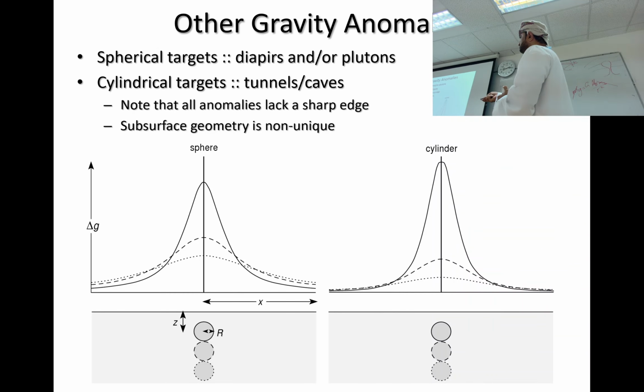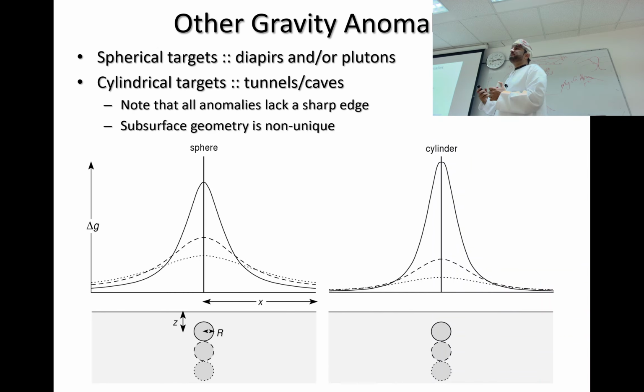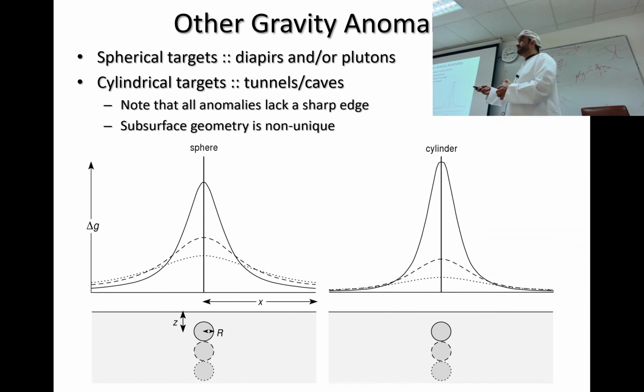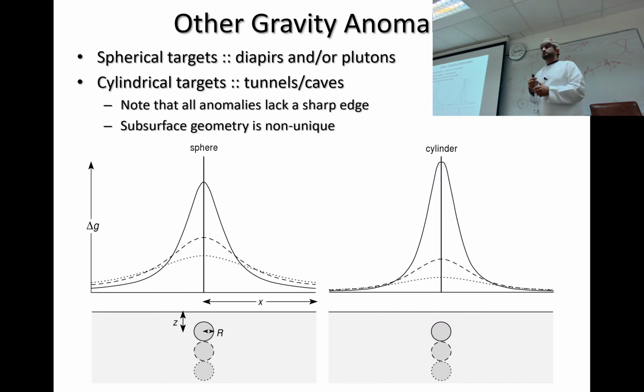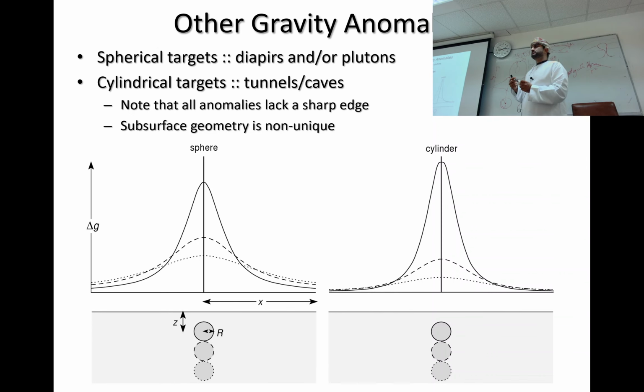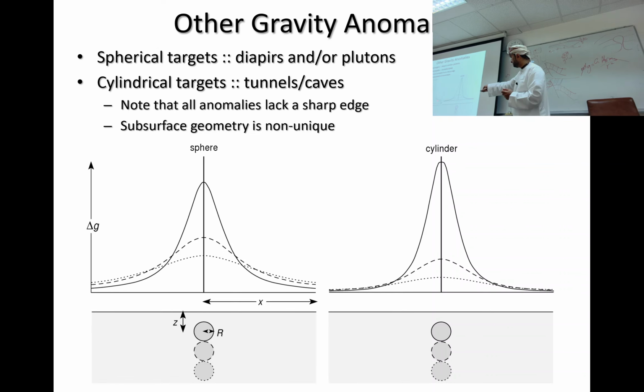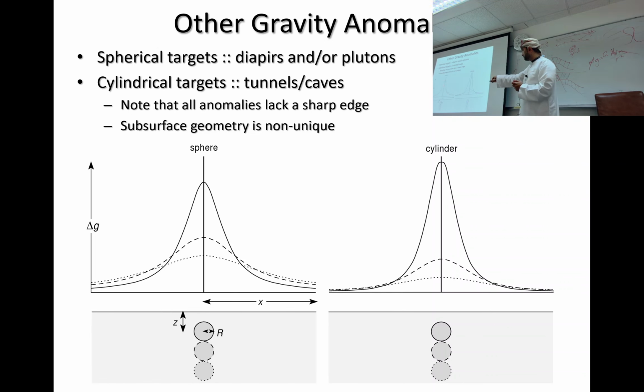One interesting thing in the anomaly: what happens if my feature or target is closer to the surface? What is the difference between these three measurements? Solid line, dashed line, dotted line. The solid line is the anomaly due to which one? 1, 2, or 3?